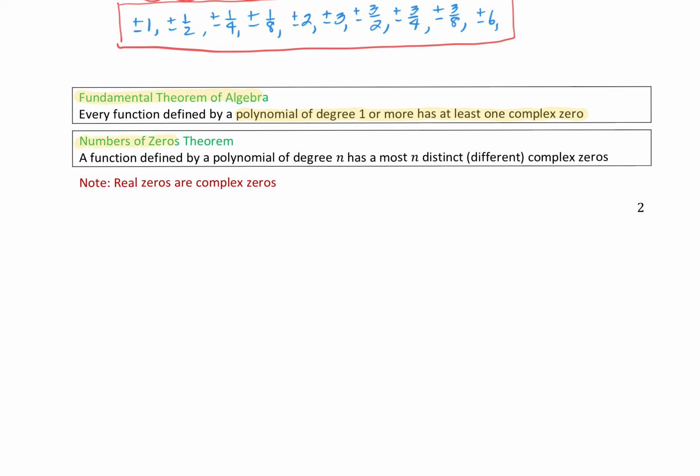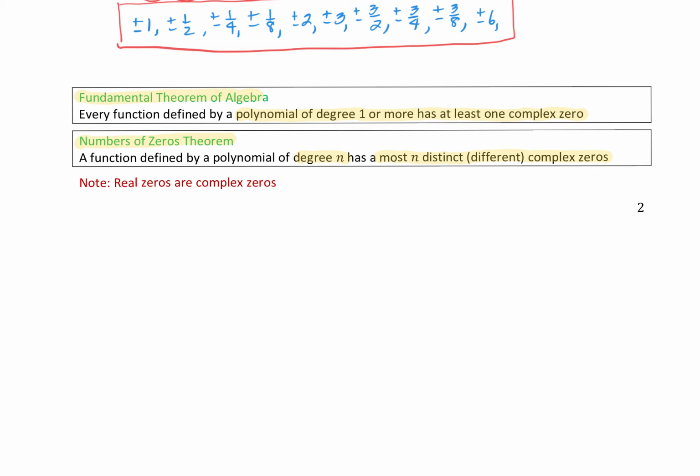And then this number of zeros theorem says that if you have a polynomial of degree n, it has at most n distinct complex zeros. So again, complex includes real. Putting those together, all those theorems are saying is that if the degree is n, there are n zeros.